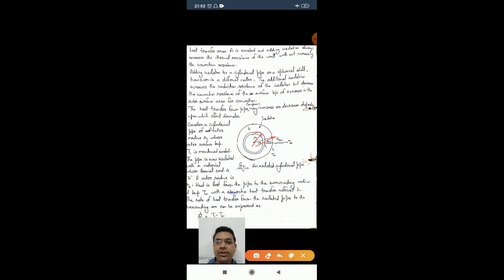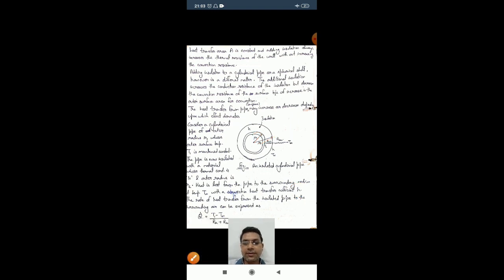Let us assume that heat is carried from the hotter fluid to the ambient surface temperature with the convection heat transfer coefficient h. Then the rate of heat transfer from the insulated pipe to the surroundings can be expressed as follows.